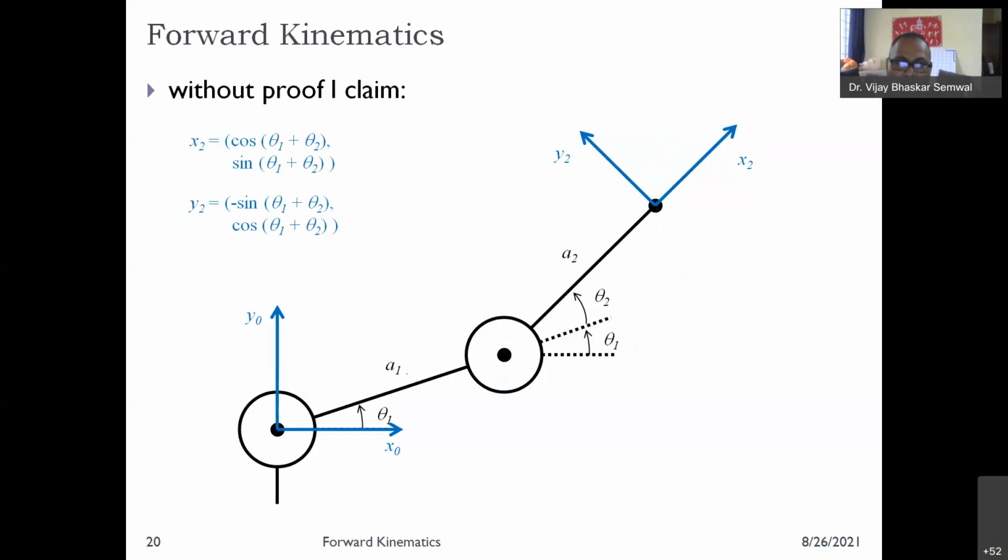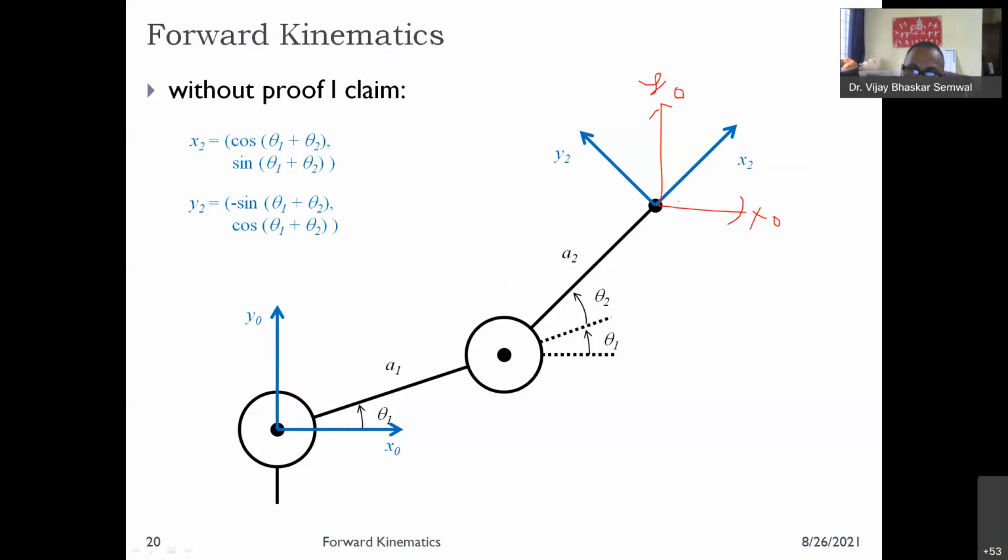So what is x2? Cos(theta 1 plus theta 2) and sin(theta 1 plus theta 2). This is x2. And y2 is minus sin(theta 1 plus theta 2) and cos(theta 1 plus theta 2), because you are moving there. With respect to this frame, this is your x0, this is your y0.